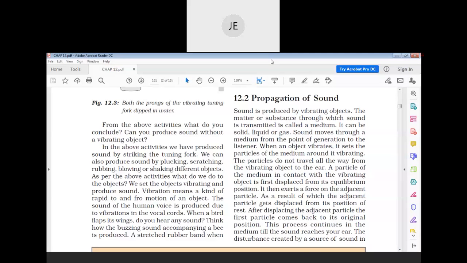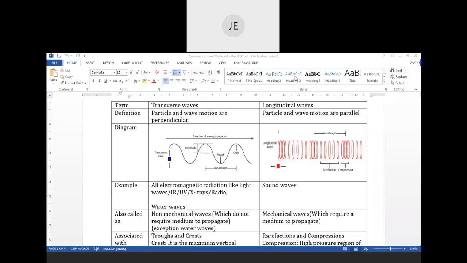Before going to this, let us talk about the different kinds of waves that are possible, and let us try to understand these different types of waves.